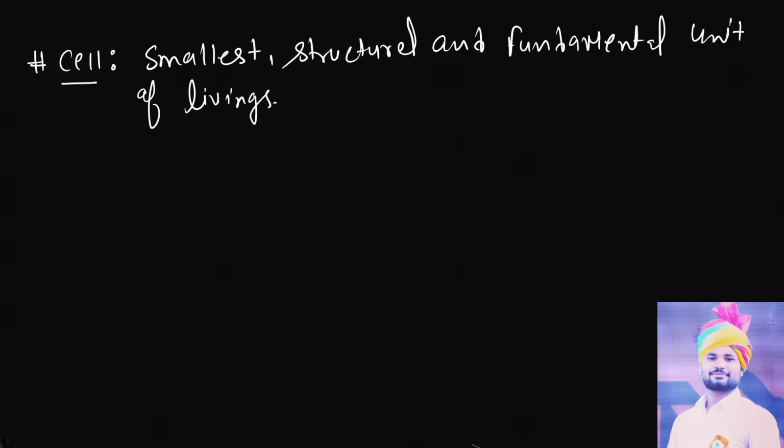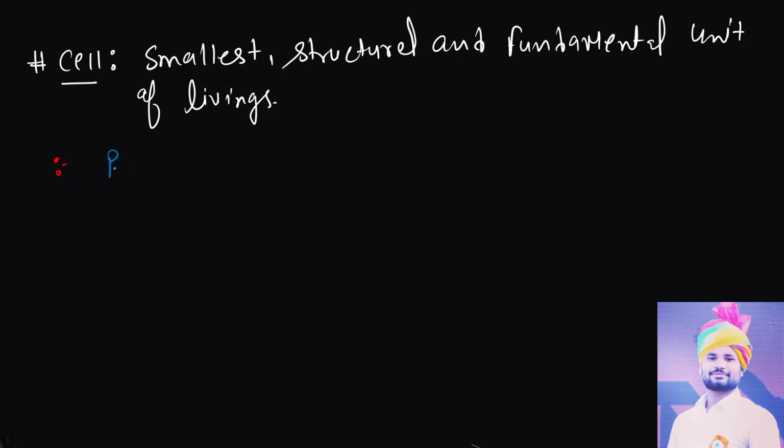We know, I'm sure, that cells make the tissues. But before I jump into the tissue, let me tell you who discovered the cell. It was Robert Hooke who observed the cell for the very first time, and that's why he's called the father of cytology.